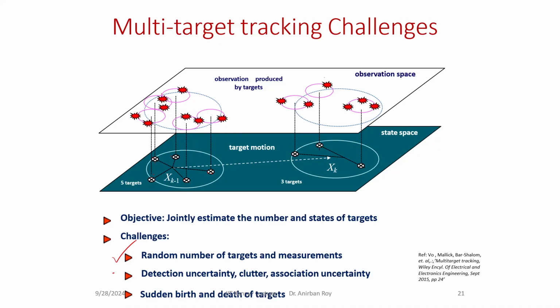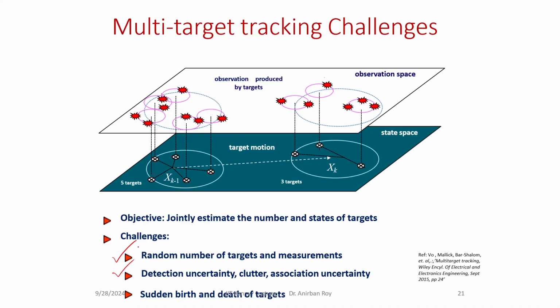This is called detection uncertainty. In scan 1 you may get a target present, in scan 2 it may be absent and your sensor only picks up clutter. So this is challenging.